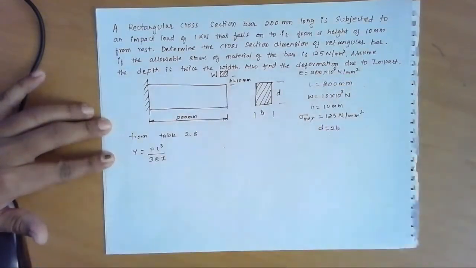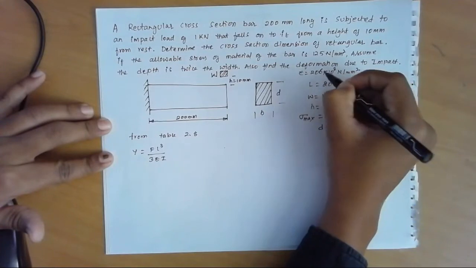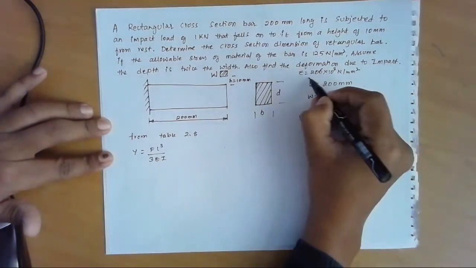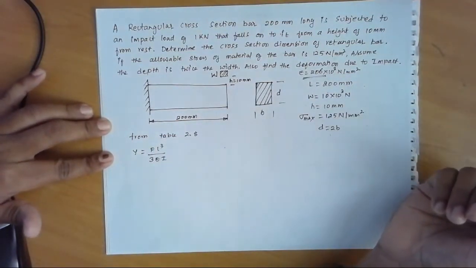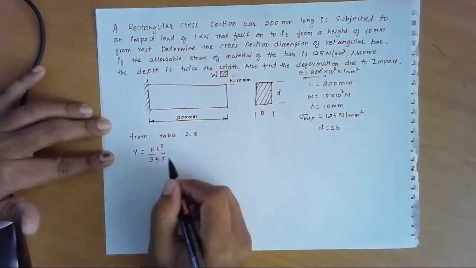Or we can take the material as carbon steel, and you can take it as 206 GPa. So I will consider it as 206 into 10 power 3 Newton per mm square. And we can find out I, which is BD cube by 12.